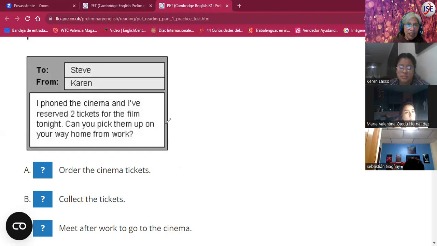Here it says, can you pick them up on your way home from work? So is he asking... Here says, order the cinema tickets. And here says, I found the cinema and I have reserved 2 tickets. So this is not, because the tickets are already ordered.